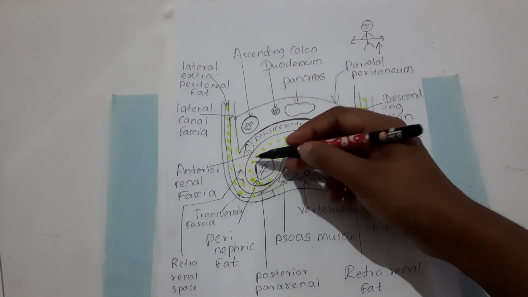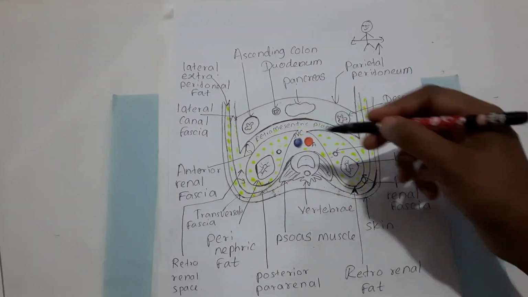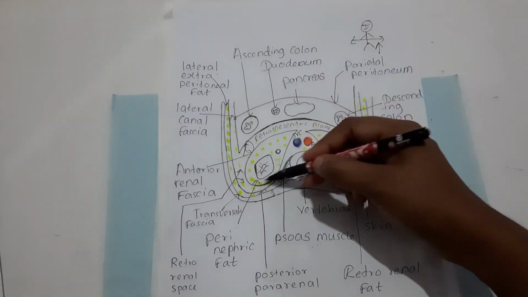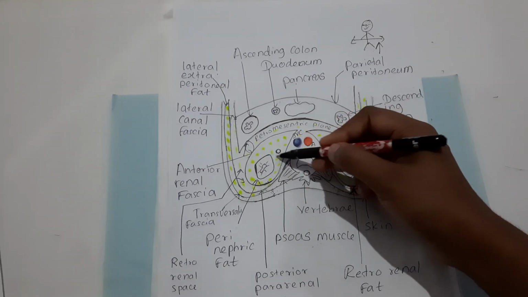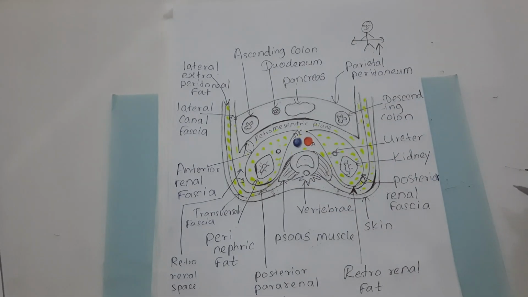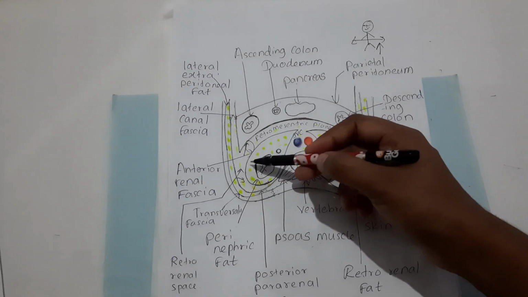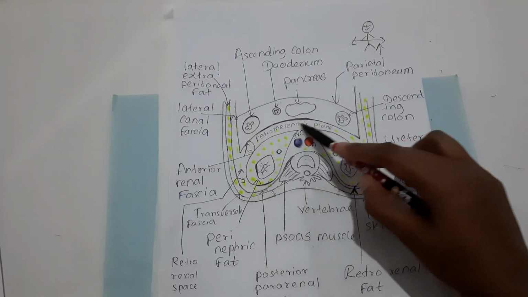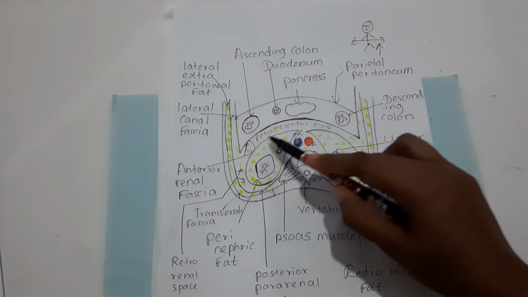Around the kidney we call this fat space the perinephric fat space, and around the ureters we call this fat space the periureteric fat space. And this plane we call the retromesenteric plane.